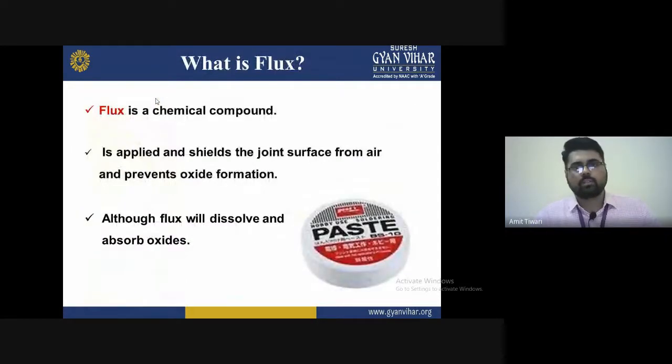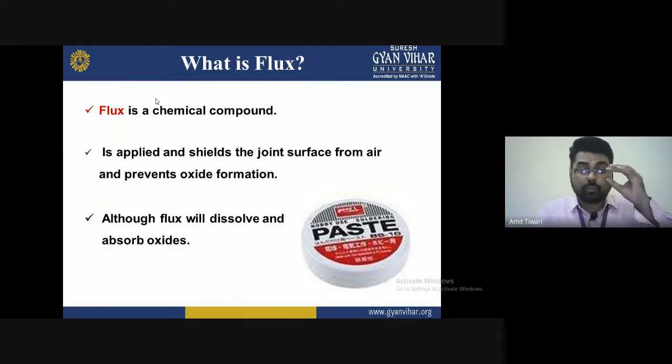Now what is flux? Flux is a chemical compound basically, and it shields the joint surface from air and prevents oxide formation. Flux will also dissolve and absorb oxides.